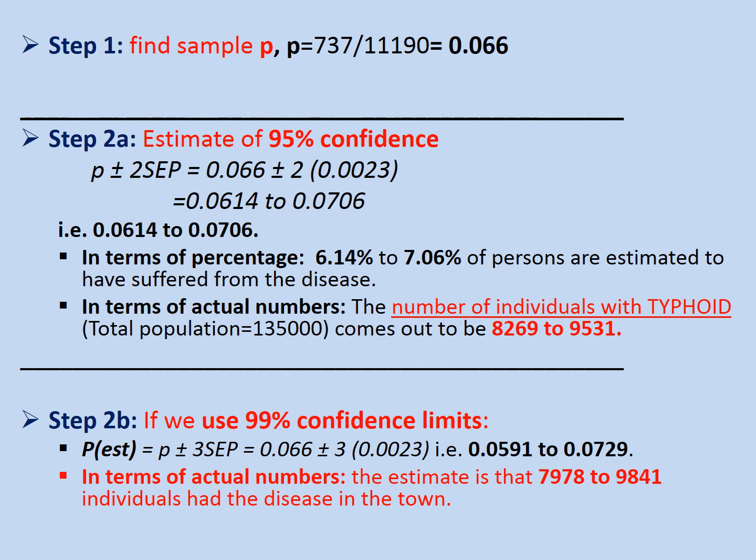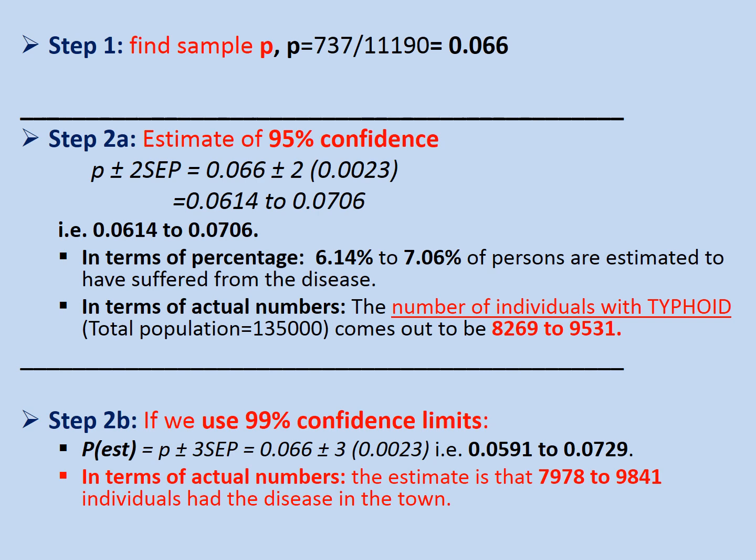In terms of percentage, if you multiply by 100, it will be 6.14 to 7.06%. And in terms of actual numbers, out of 1,35,000, how much will it be? If you convert that percentage for the population of 1,35,000, it comes out to be 8,269 to 9,531.